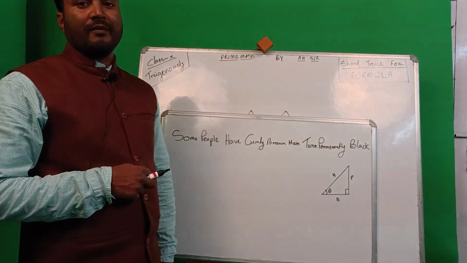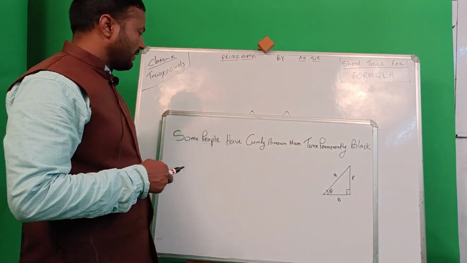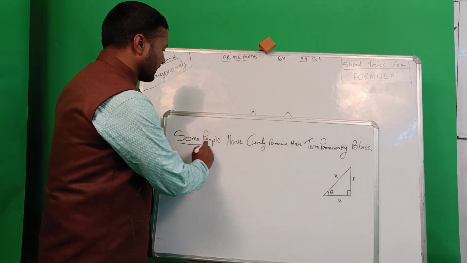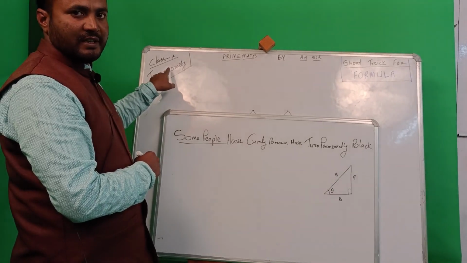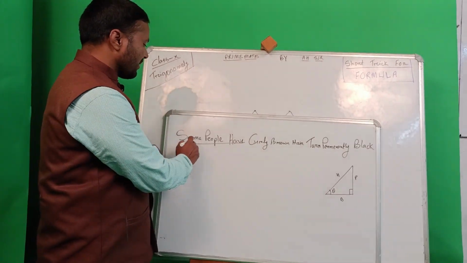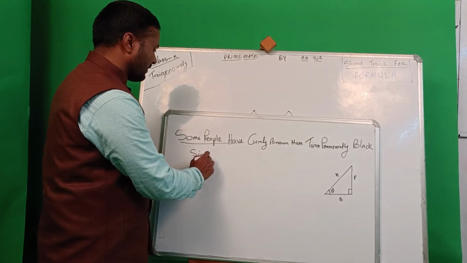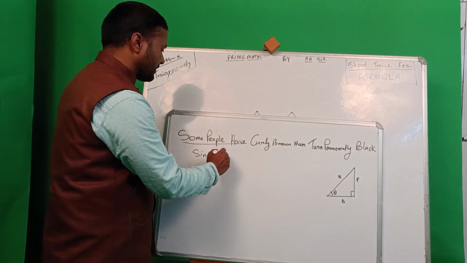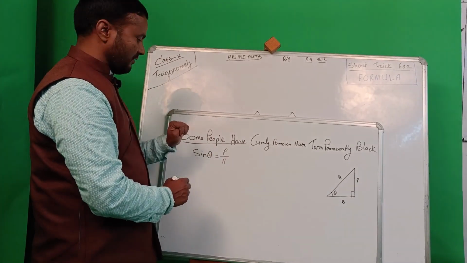In trigonometry, we have 6 ratios, and those ratios will be connected here. Three words will be connected, as trigonometry is the calculation of three measurements. So here, "some people have": S is for sine theta, then P by H, so sine is perpendicular by hypotenuse.